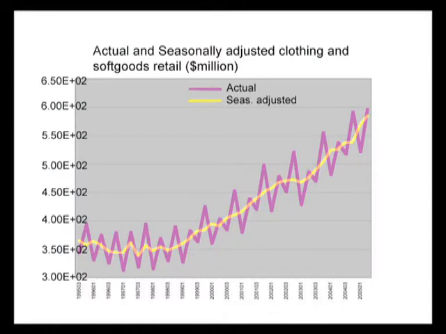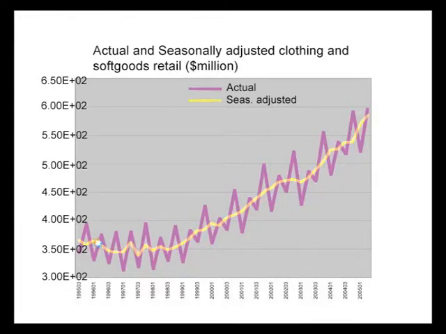So this yellow line, which shows the seasonally adjusted series, still goes up and down, has extra wiggles in it. And so you can see that some of the increase in this line is due to an increasing trend. So we can see clearly that the clothing and soft goods retailing is increasing.